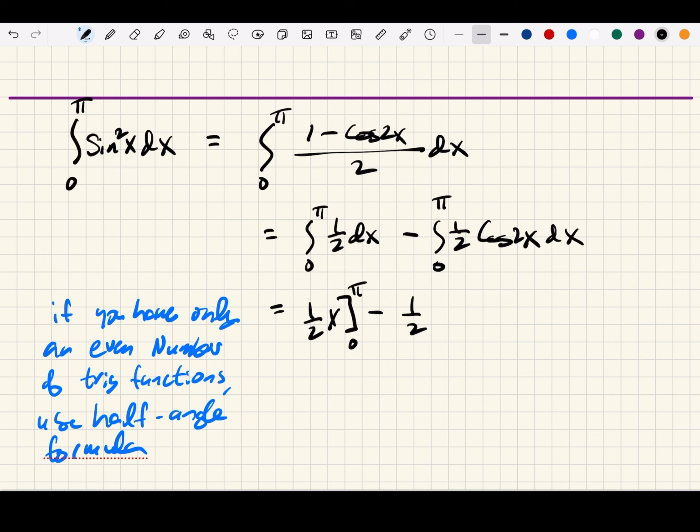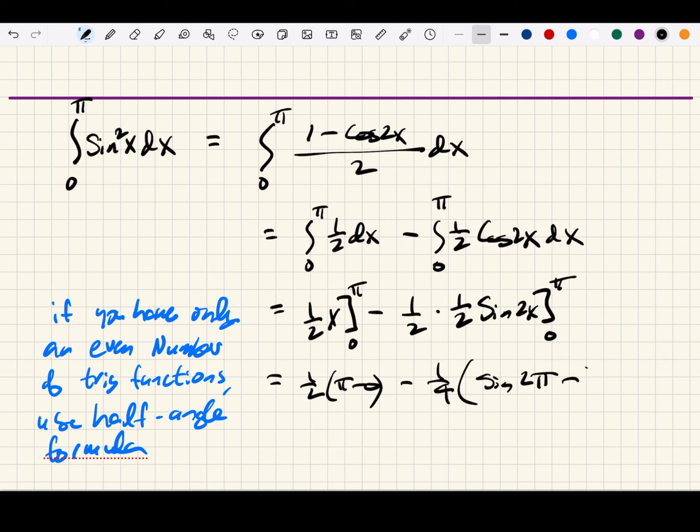So times 1/2 sine 2x evaluated from 0 to pi. So we have 1/2 times pi minus 0, minus 1/4 times sine 2 pi minus sine 0.